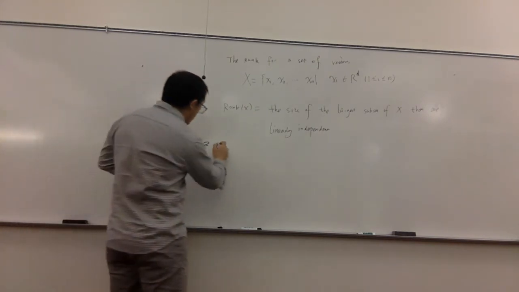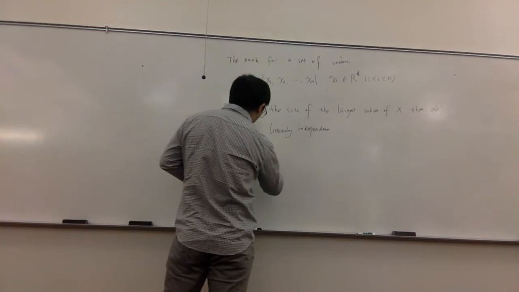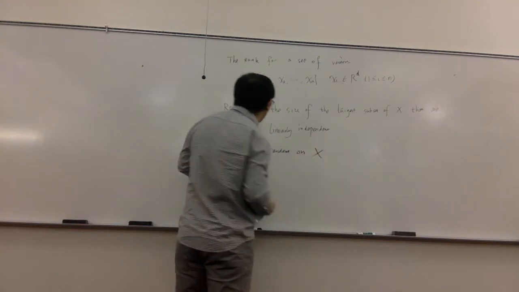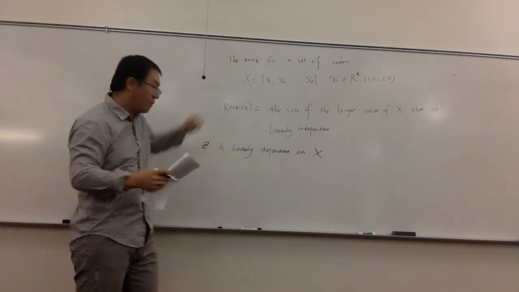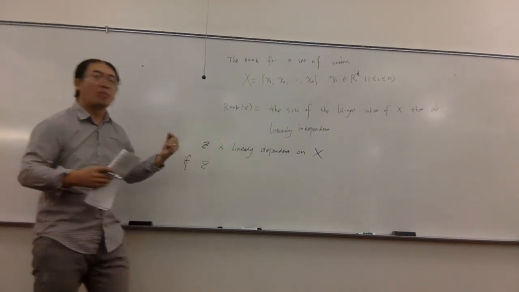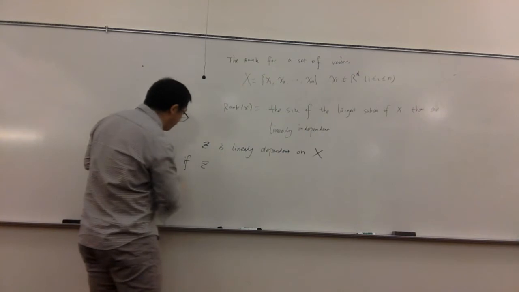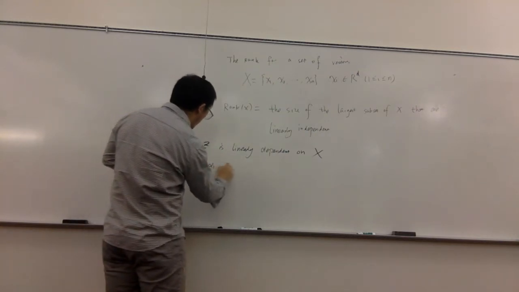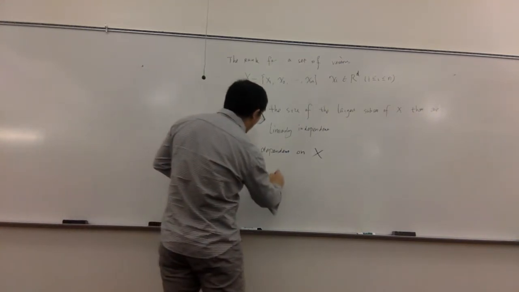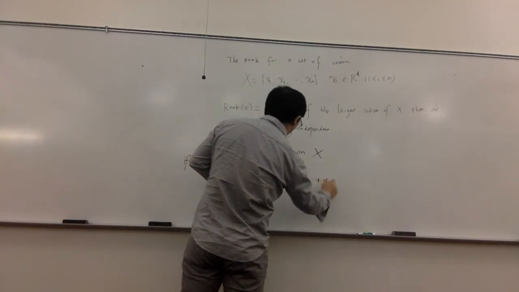So we say a vector Z is linearly dependent on the set X if Z can be expressed as a linear combination of the vectors in X. So basically, there exists a set of coefficients alpha 1 to alpha n, each coefficient corresponding to one vector, such that Z equals alpha 1 x1 plus alpha 2 x2 plus ... plus alpha n xn.